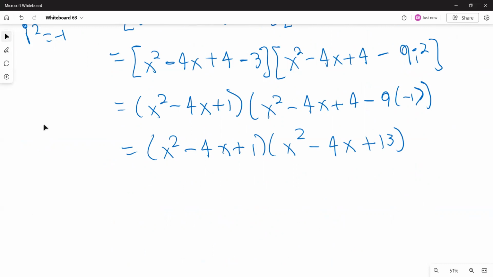We're going to distribute. Let's distribute the terms of the first polynomial. So x squared times the second polynomial is going to be x to the fourth minus 4x cubed plus 13x squared.